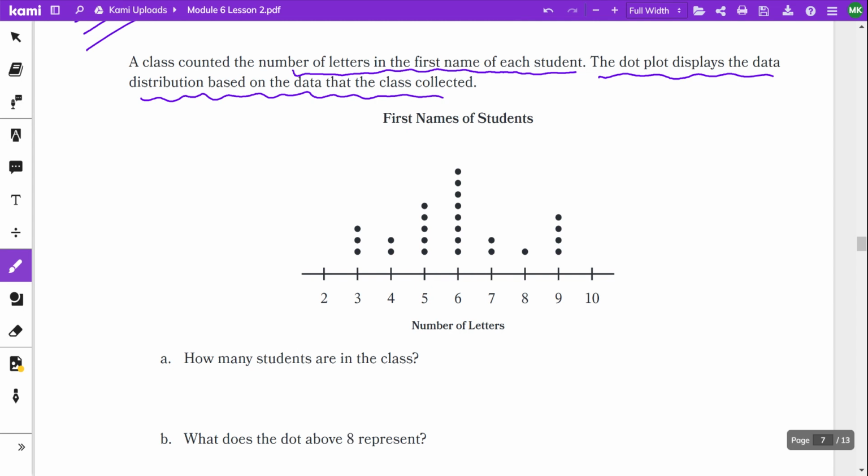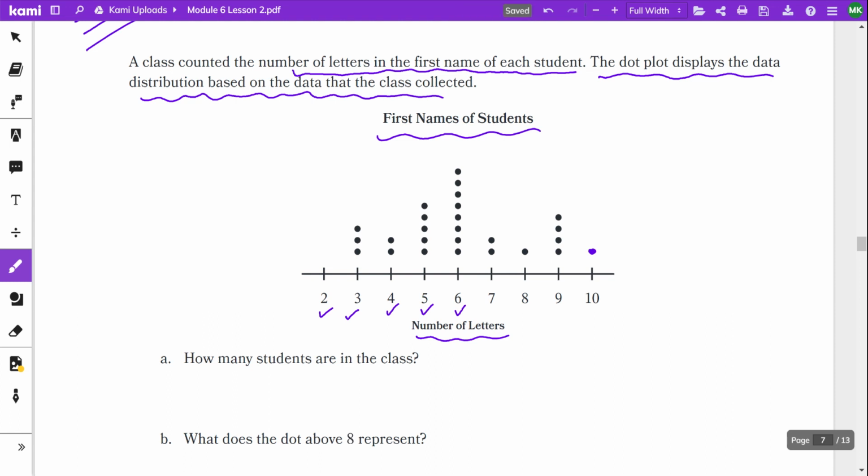So what we're simply going to do now is answer the questions the best we can. How many students are in the class? Well, the way this works is first name of students, the number of letters. The number of letters is represented by these numbers down here. If a student has 10 letters in the first name, we represent that student by a dot right there.